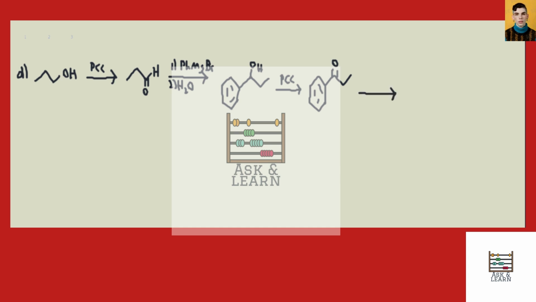And so in order to brominate that aromatic ring, again, we'll use bromine, elemental bromine, and FeBr3. And that is going to give us our final product.